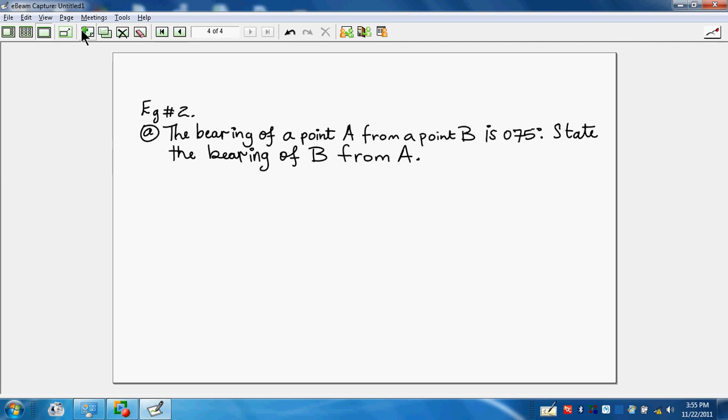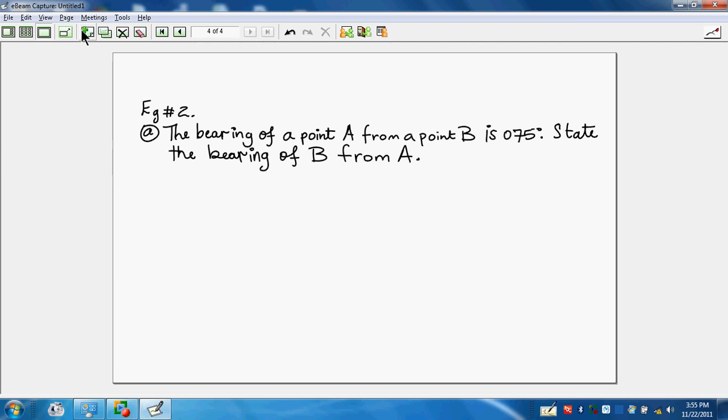Okay, so in our second example, the first part, A, it said to us that the bearing of a point A from a point B is 075 degrees. State the bearing of B from A. Now, the critical point here is, where do we start to draw from?